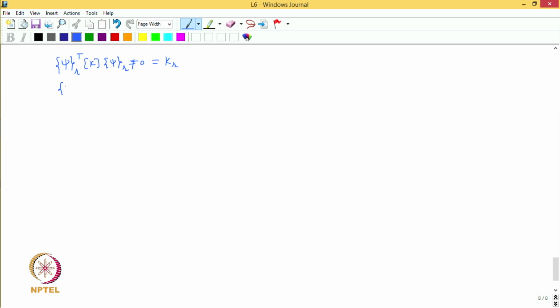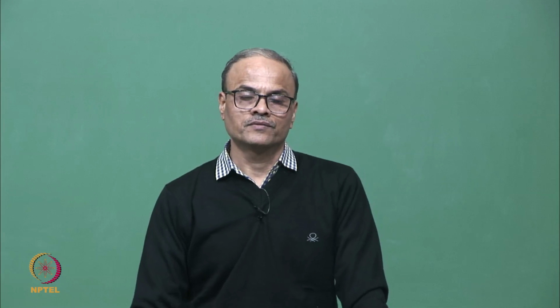So, let me write the equation for m r again here. Psi r transpose m psi r is not equal to 0, but is going to be equal to m r, and this is called modal mass, and this is called modal stiffness.